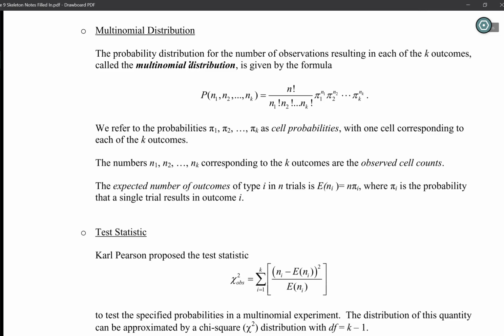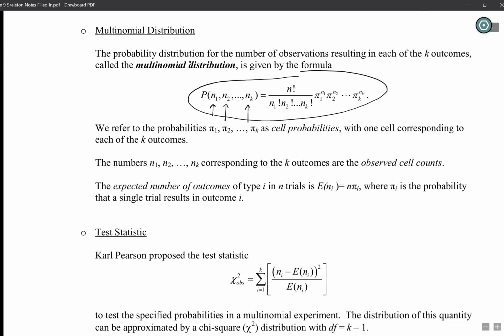Okay, so if we have a multinomial experiment, that gives rise to a multinomial distribution. This probability distribution is called the multinomial distribution, and probabilities for it are given in this expression here. The probability that I would see N1 outcomes for category 1, N2 outcomes for category 2, and so forth up to Nk outcomes for category k.